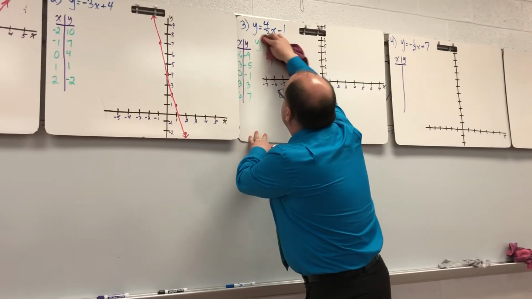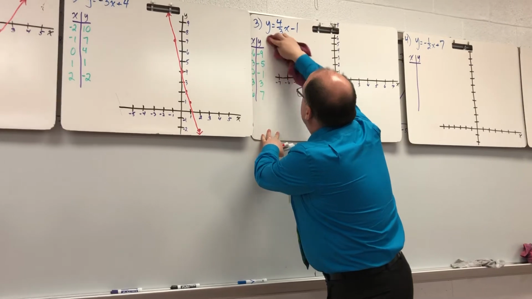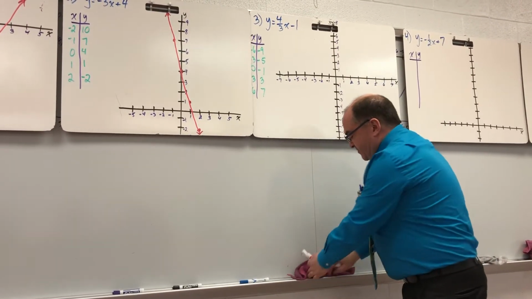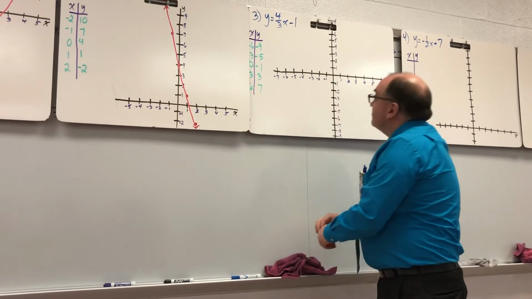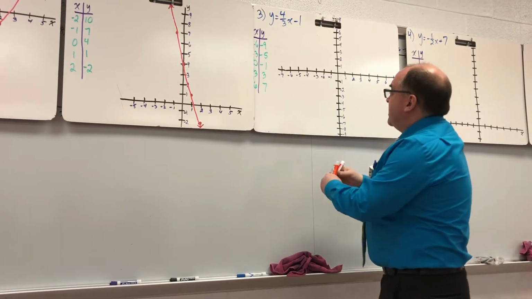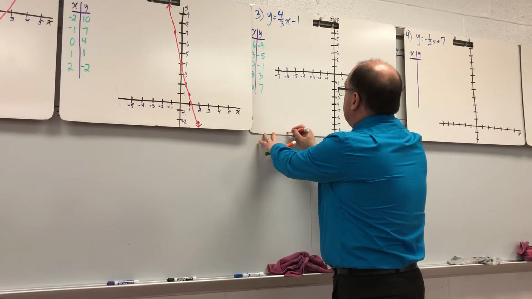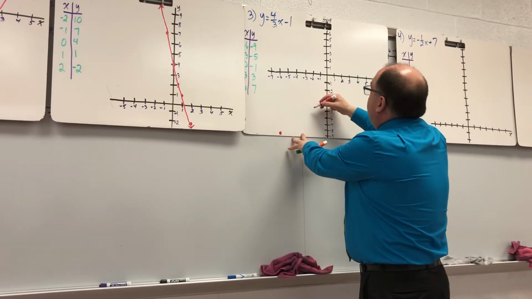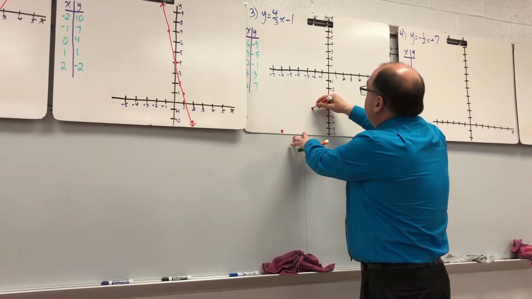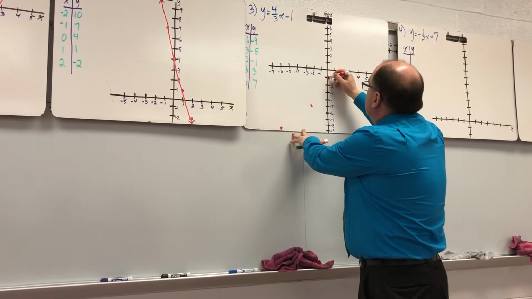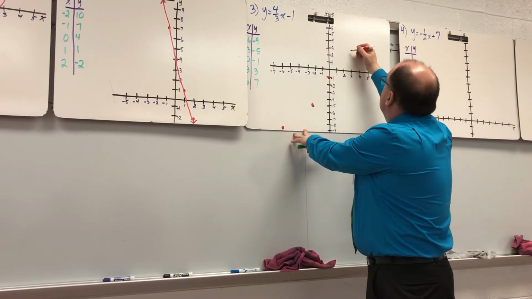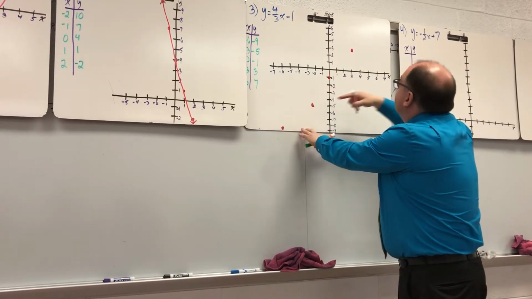So now, I'm going to plot my points. Okay. Where is -6, -9? -6, -9, right here. -3, -5, right here. 0, -1, right here. 3, 3, and 6, 7.